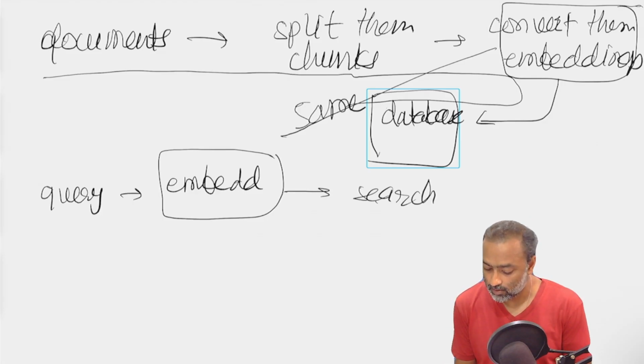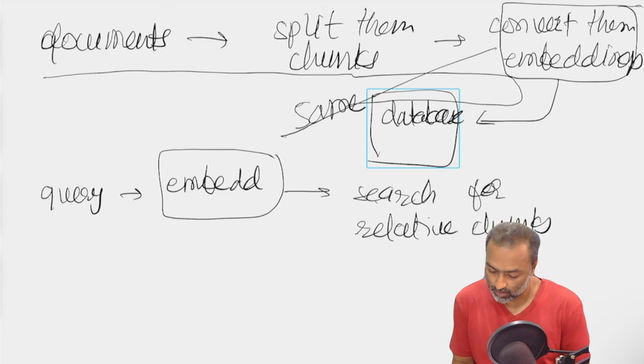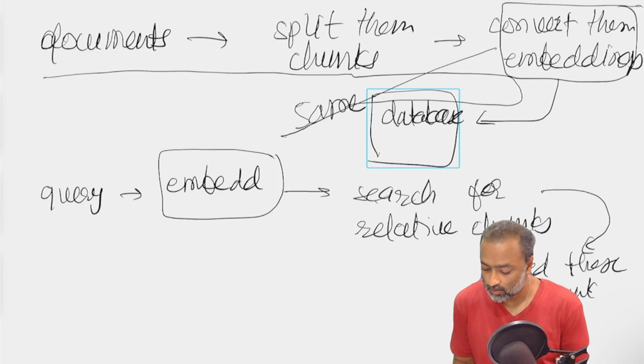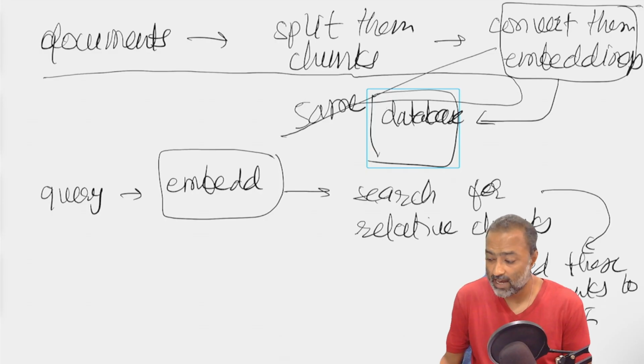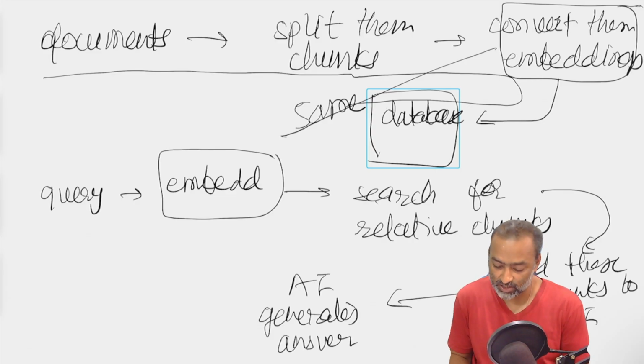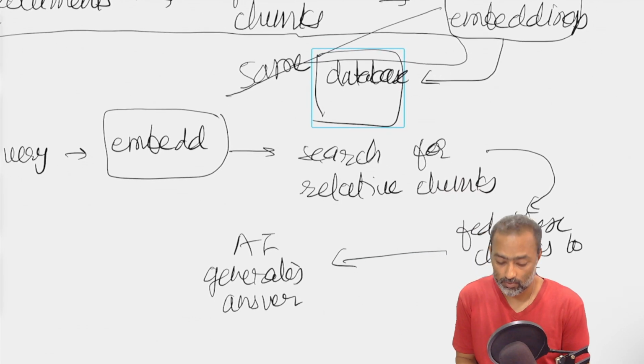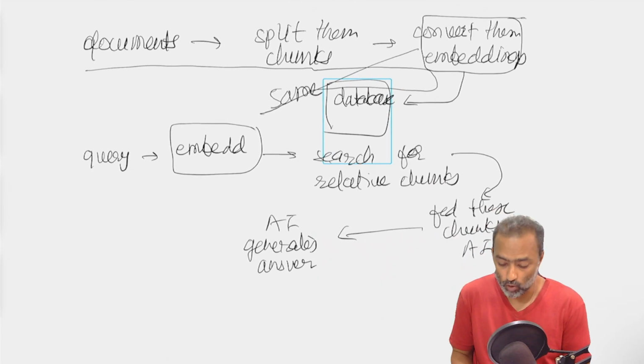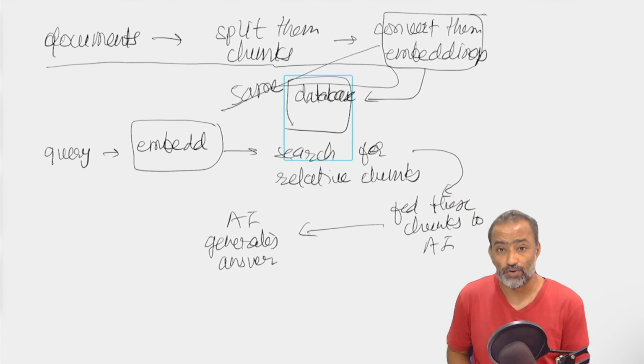Then search for relevant chunks, feed these chunks to AI, and finally AI generates the answer. I hope this is clear to everyone.